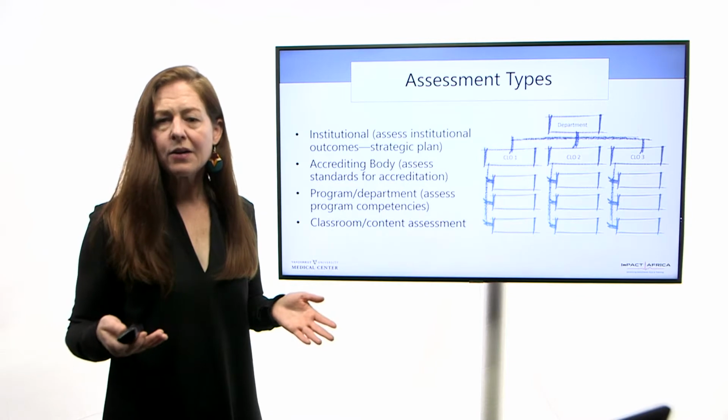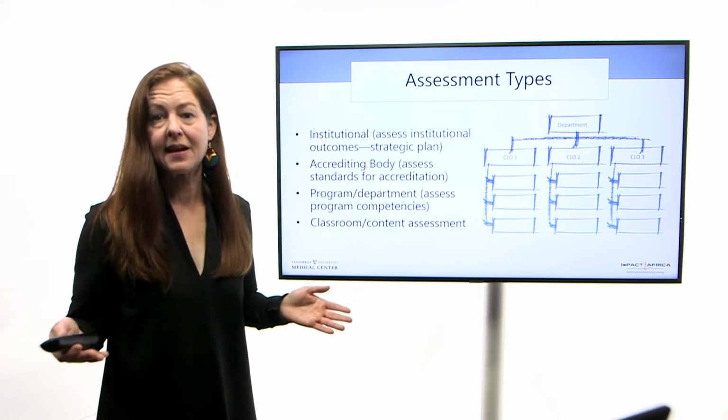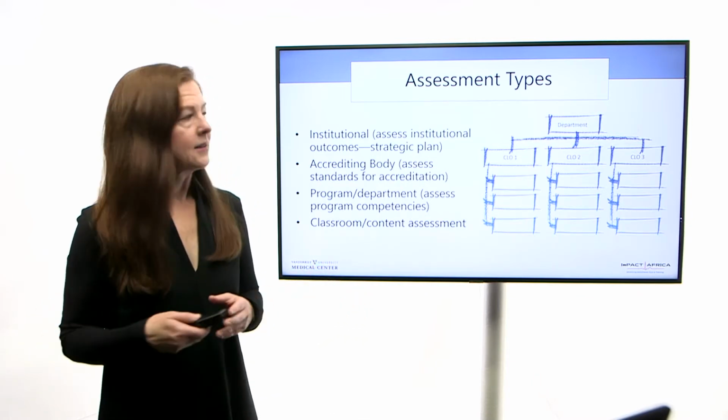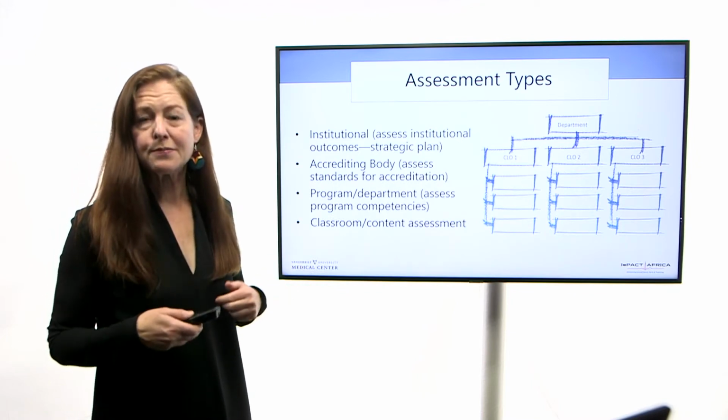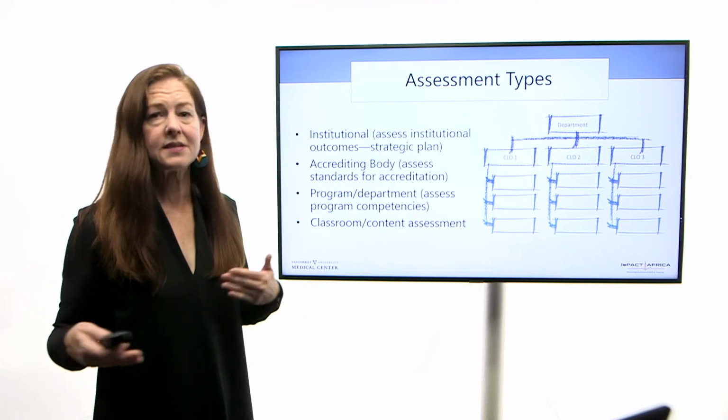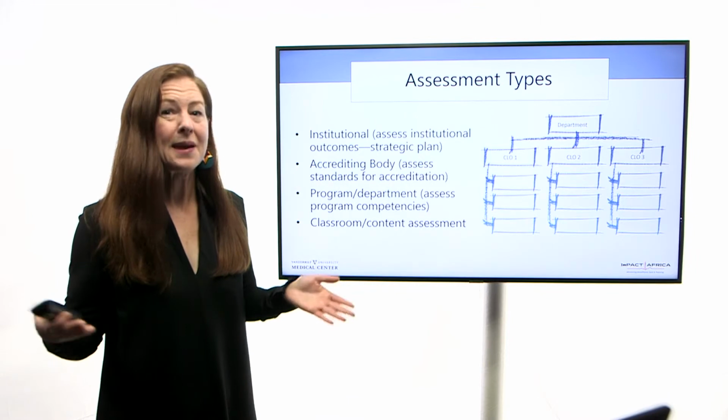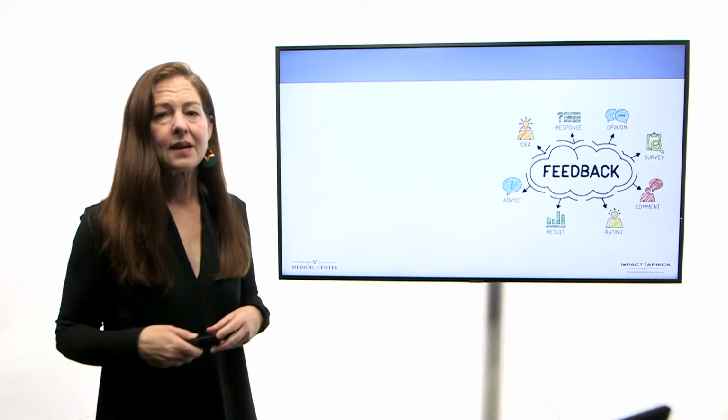So it's vital that you know what you're assessing and for what purpose. Some of these other approaches may use similar tools and strategies, but they may differ as well.